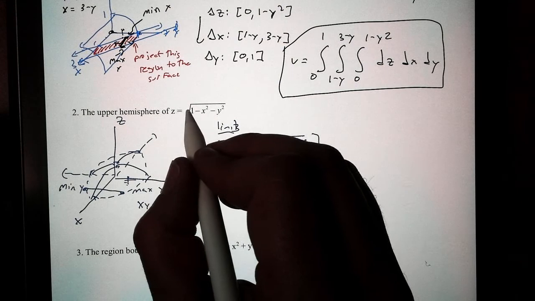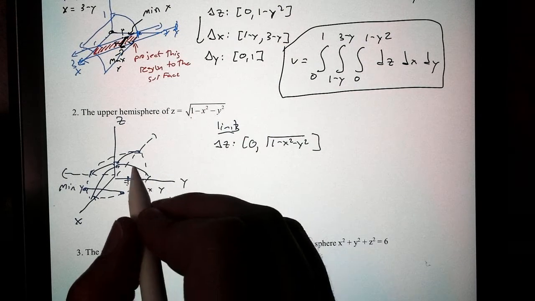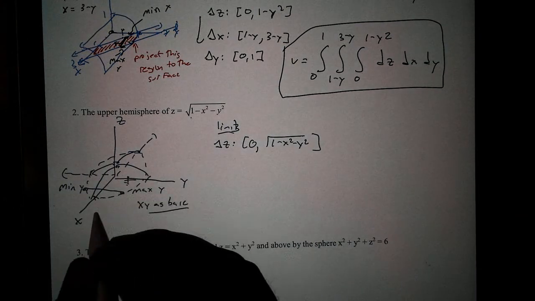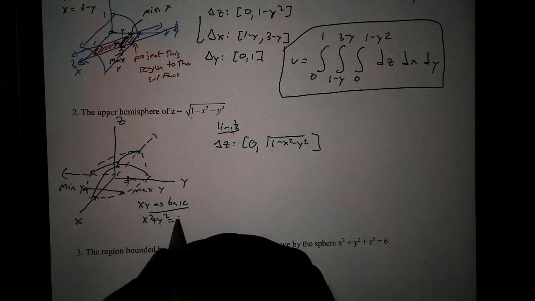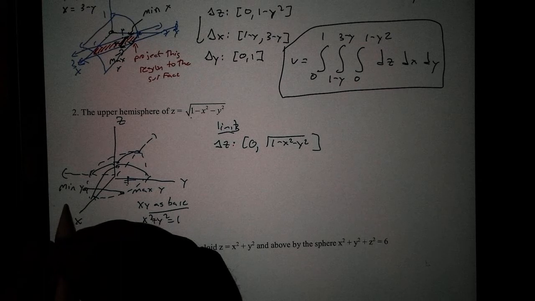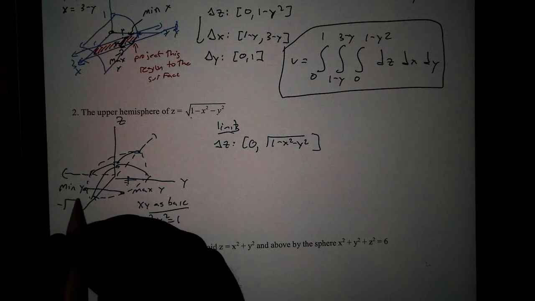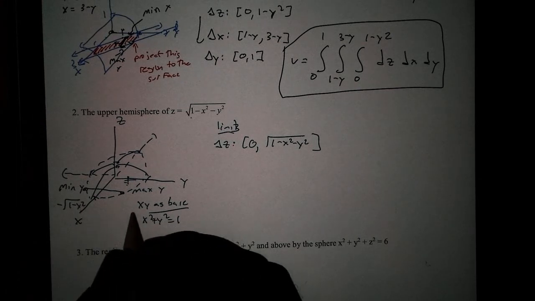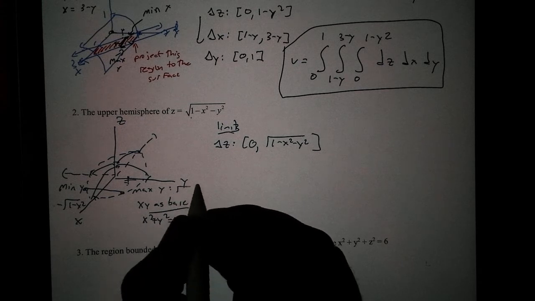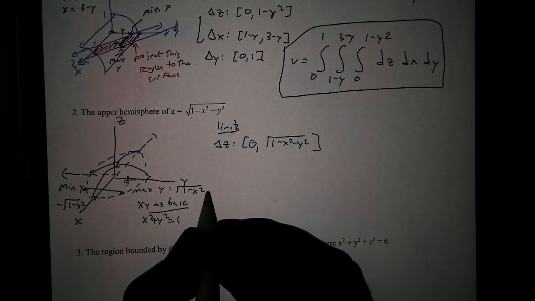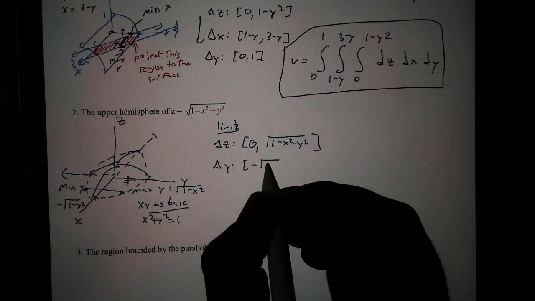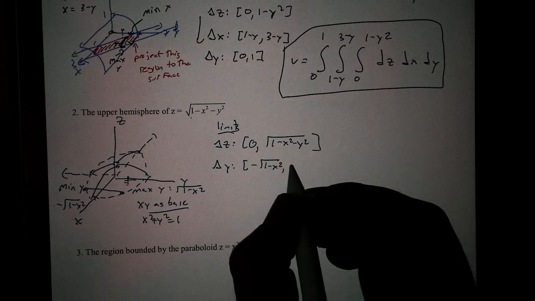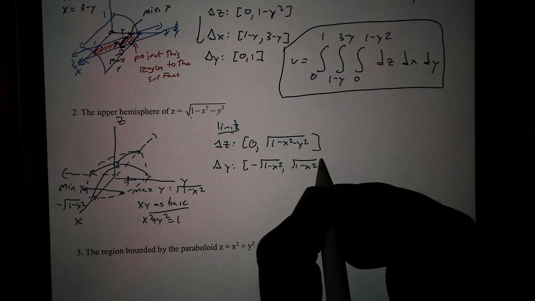And if I let z be 0, I can get the equation of my circle. Of course, the equation of our circle would be x squared plus y squared equals 1. So my minimum y value would be the negative square root of 1 minus x squared. My maximum y value would be the positive square root of 1 minus x squared. So my changes in y are going to go from negative square root of 1 minus x squared to positive square root of 1 minus x squared.